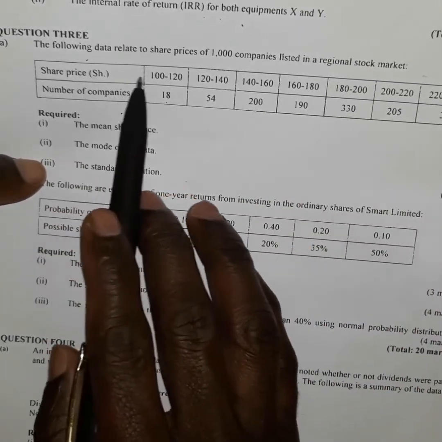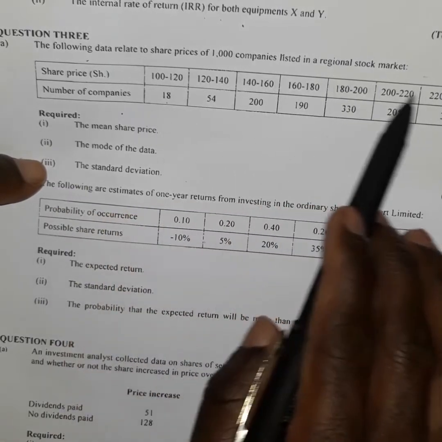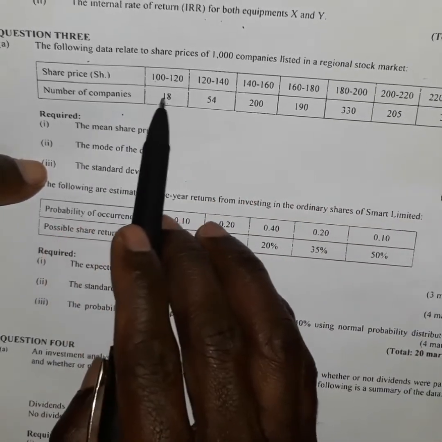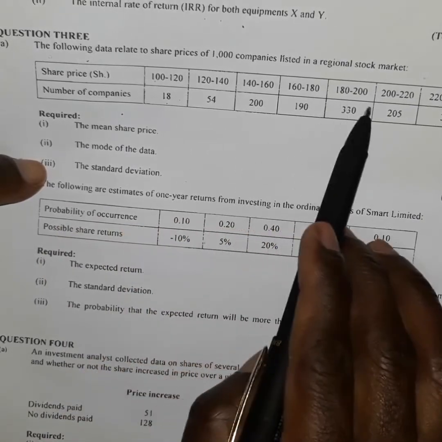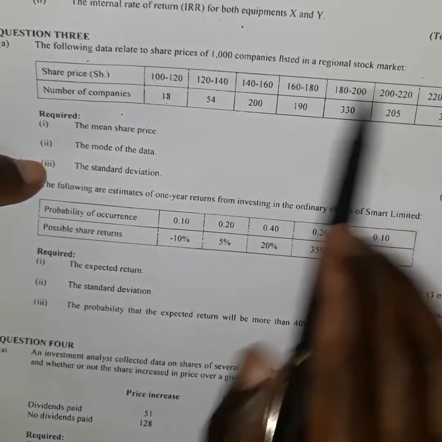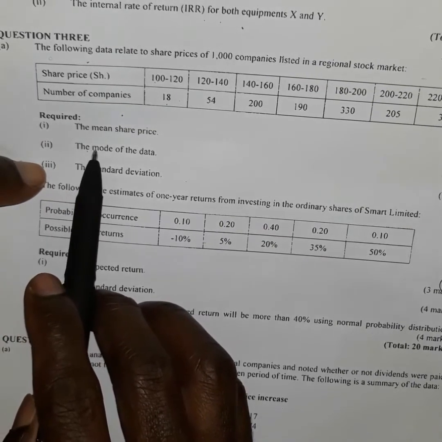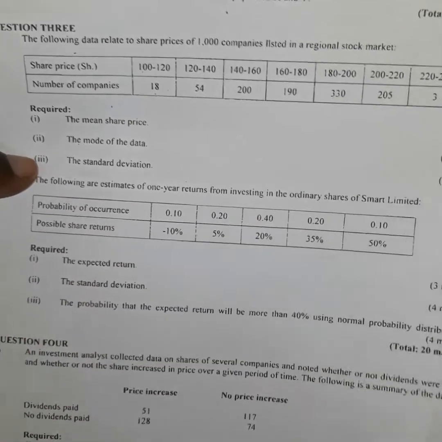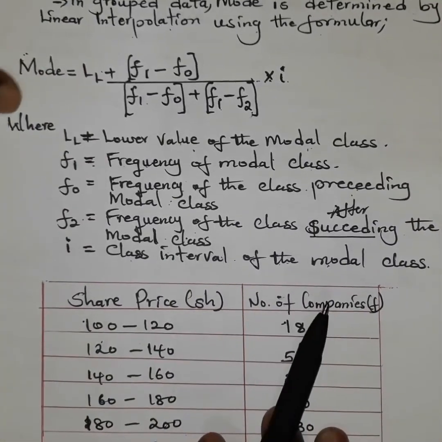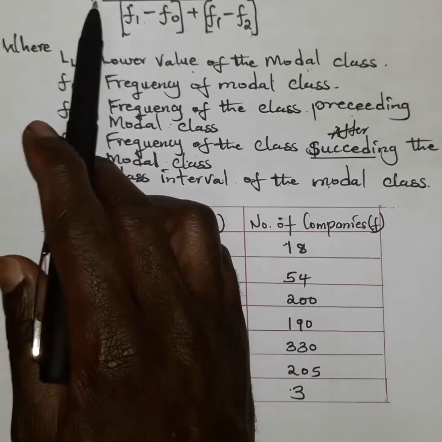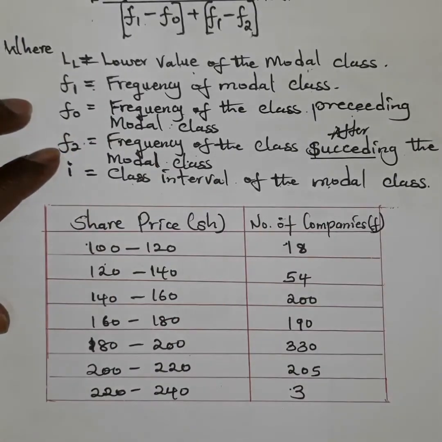The classes are given from 100 to 240, and we have the number of companies per class, which refers to the frequency, the number of occurrences. Then part 2 says, state the mode of the data. As we said, we are simply going to look for the lower limit, which should be the lower value of the modal class.